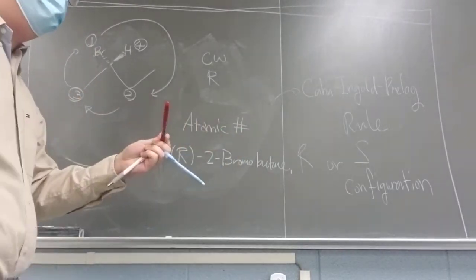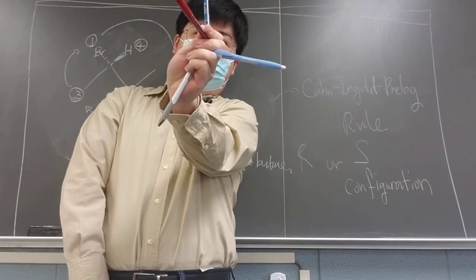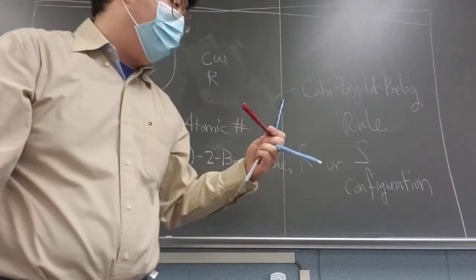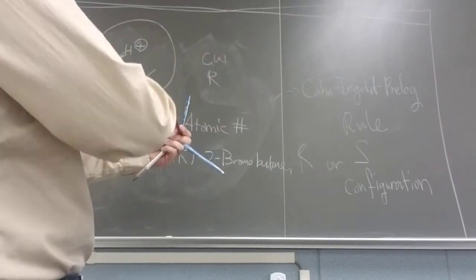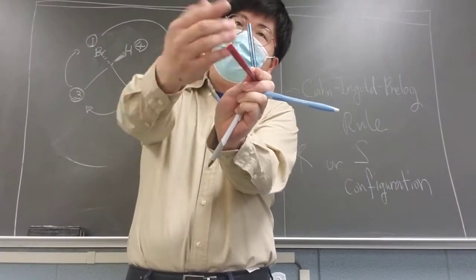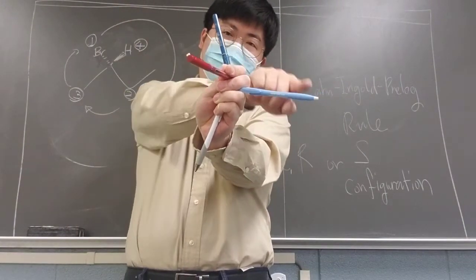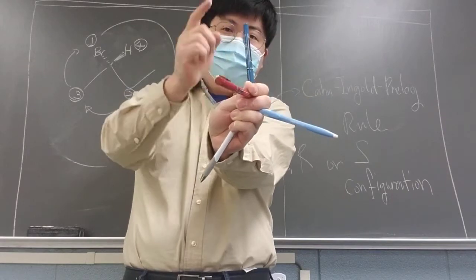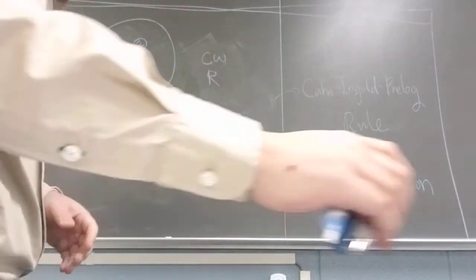Now it's in the front, you need to look at it from here. So if you look at it from here, it's still R, right? 1, 2, 3, clockwise. But you need to look at it from the other side, because number 4 has to be on the back when you look at it. So it's actually not 1, 2, 3, but 1, 2, 3 the other way. Make sense, right?